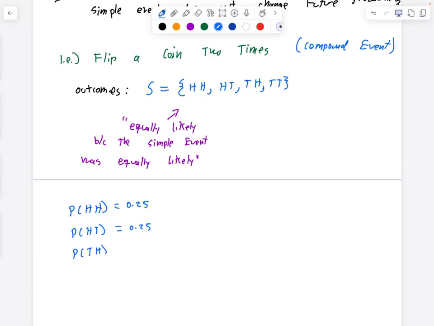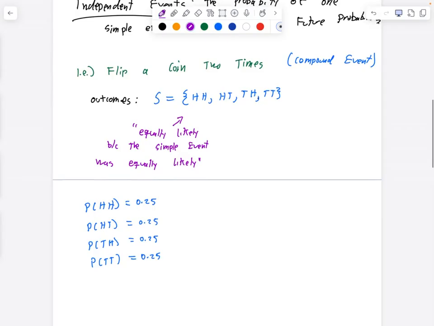Now, let's look at the compound event. The first coin toss can do heads, tails. This was the first toss. And then when we toss the coin again, what can happen?